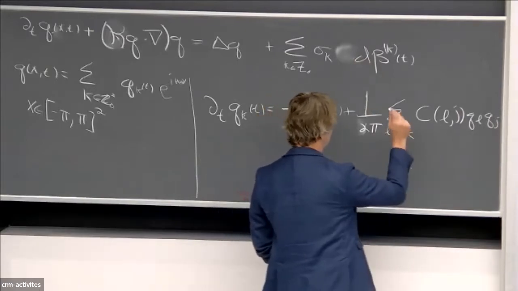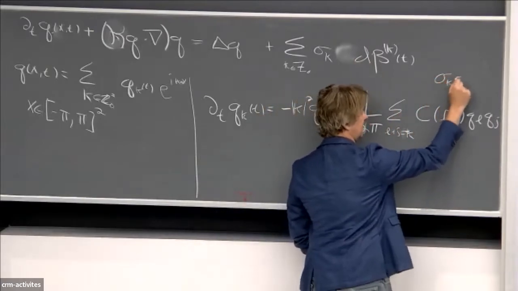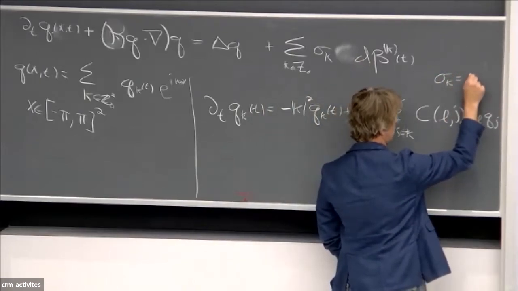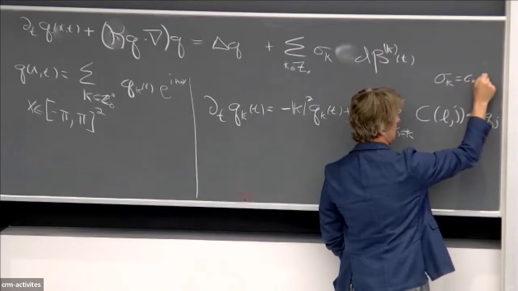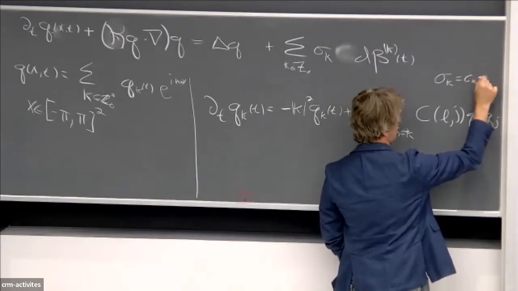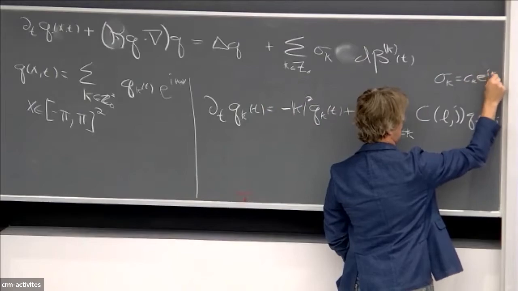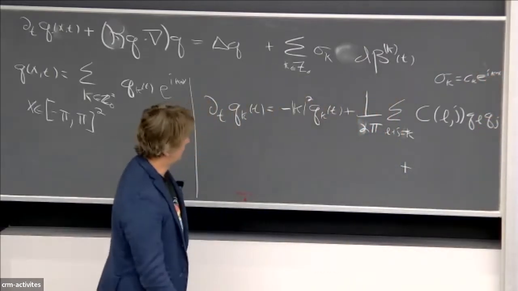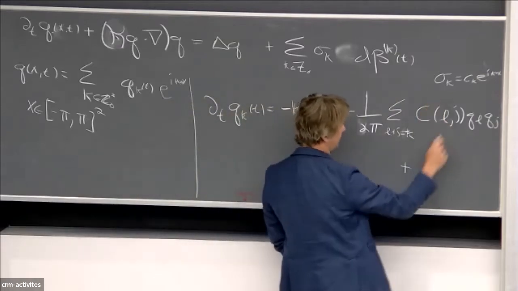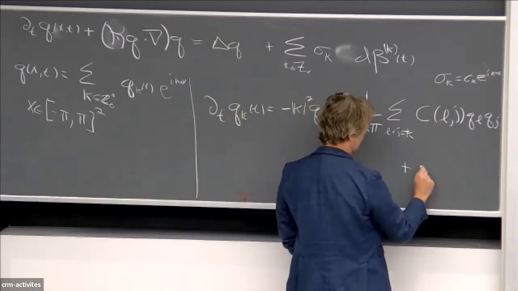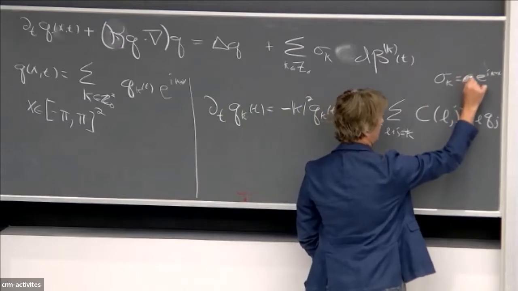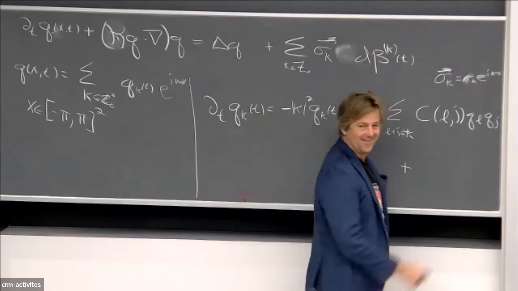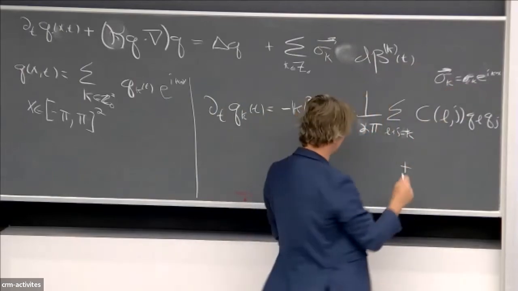So for simplicity, let's take this vector to be some constant c_k times e to the i k dot x. I'm just going to force the k Fourier mode. And I'm going to call this sigma k, so as not to confuse us.